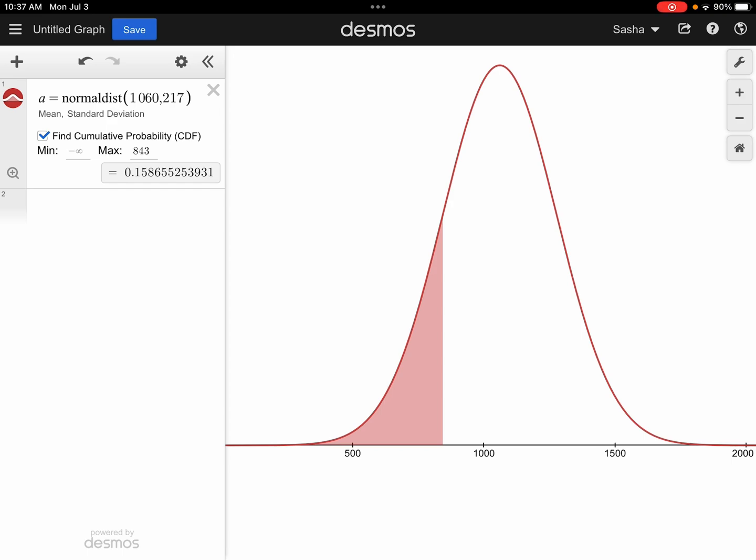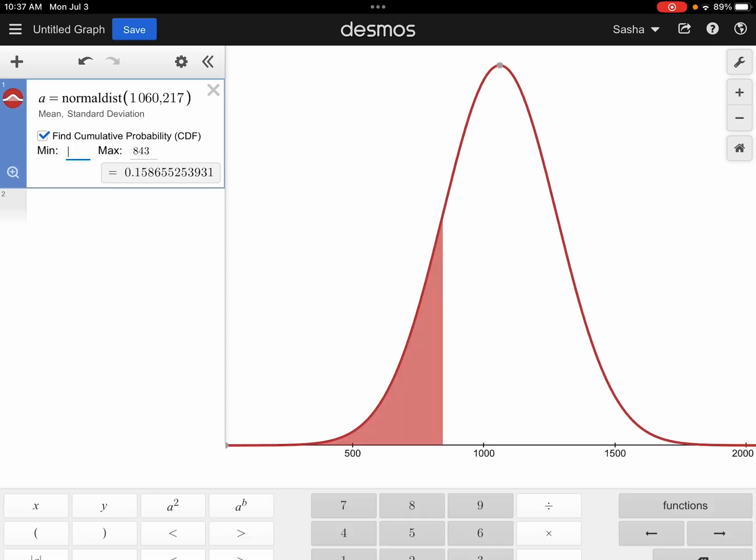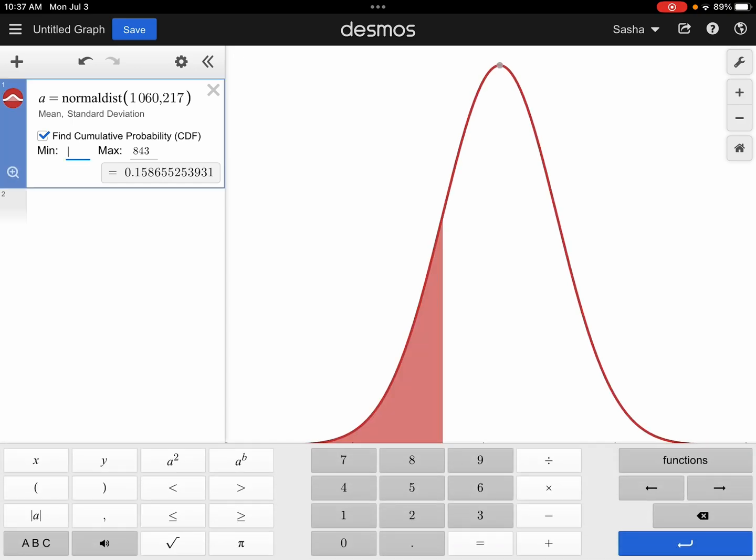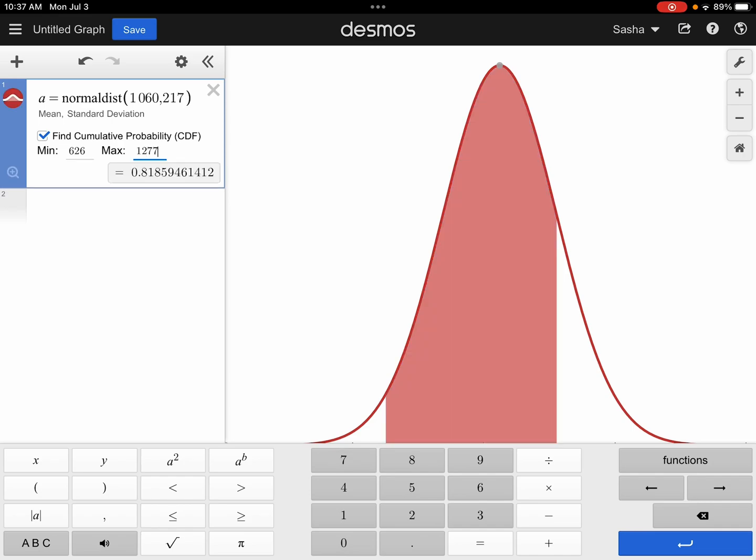Now, the next question asked what set of scores fell between 626 and 1277. This time I'm going to take out that minimum and put in the 626, and change my maximum to 1277, and I'll notice 81.8, with rounding errors from the empirical rule.